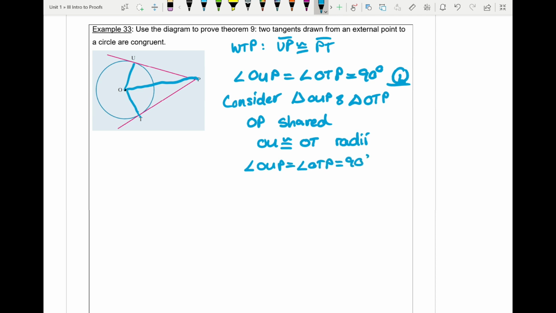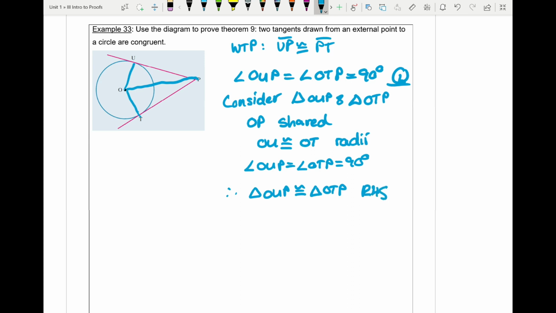So that's what we discovered up here. So if they have a right angle and they have one side and they have a hypotenuse, we know that they are congruent by RHS. Therefore, triangle OUP is congruent to triangle OTP by RHS.